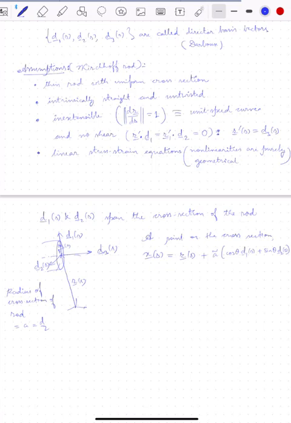Now the issue is that the properties are uniform, even after deformation. They are assumed to be uniform throughout the cross section.